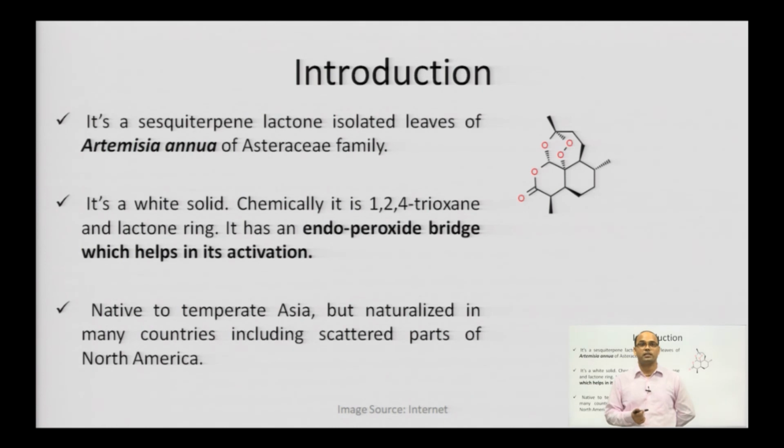Chemically, you can see it is a 1,2,4 trioxane and a lactone ring, and it also has an endoperoxide bridge. This endoperoxide bridge is very crucial for its mechanism of action, which we will be covering in our coming slides.